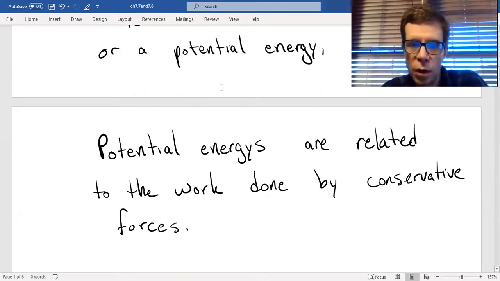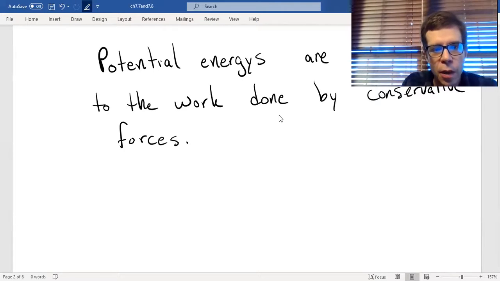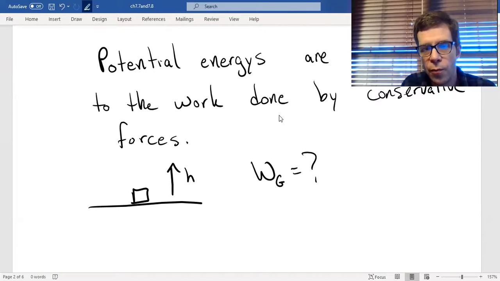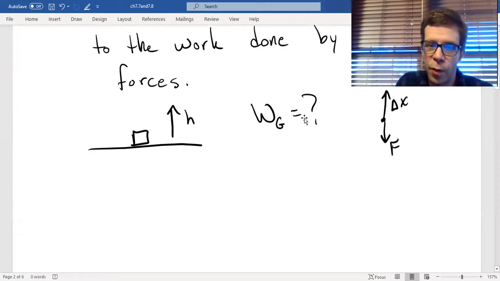Right, and we talked about how we derive the work done on a spring and by gravity, right? If I take an object from the ground and I lift it some height h, what's the work done by gravity? All right, well, the force of gravity is down. And my delta x is up, so it's doing negative work.